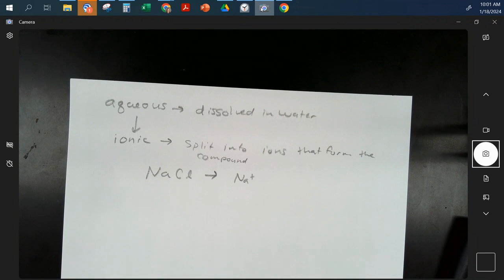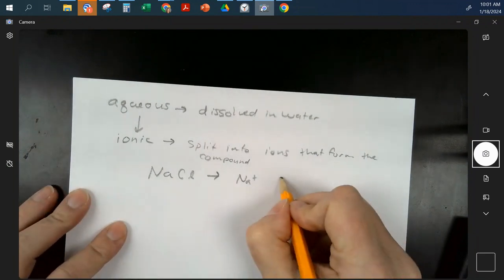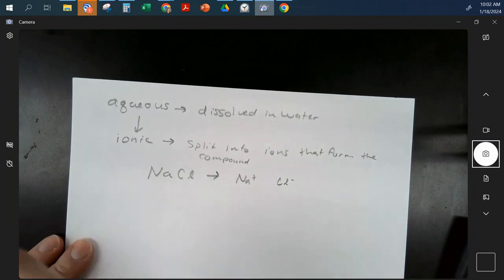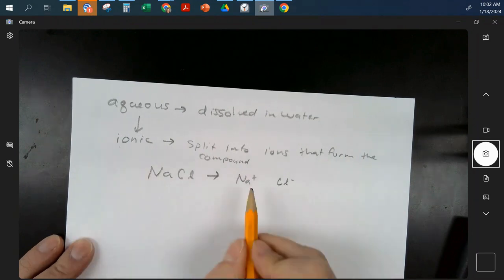Chlorine is in the 7th period, so it's going to be Cl-. It makes a -1 charge. These things come back and come back, so you just have to know those.